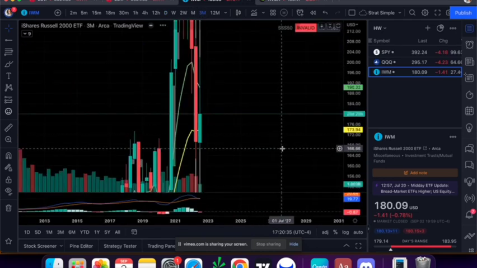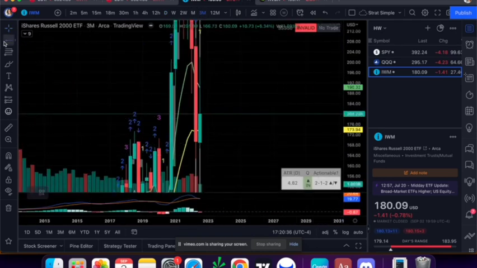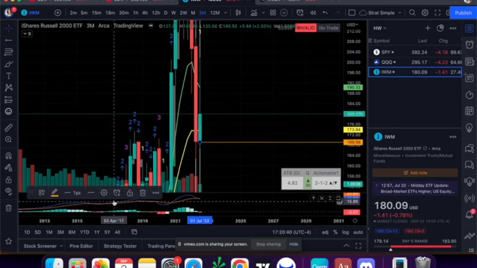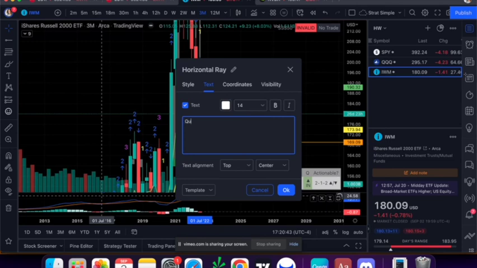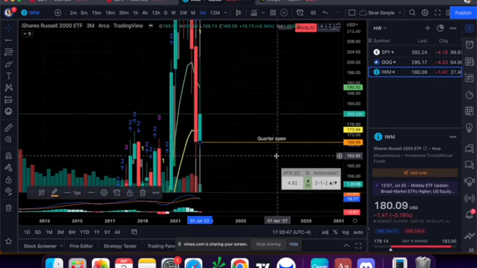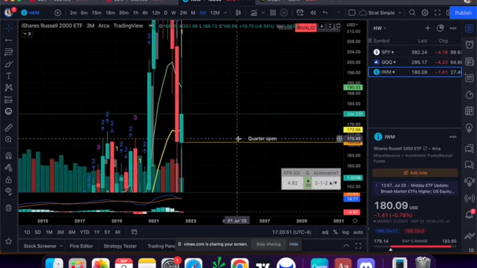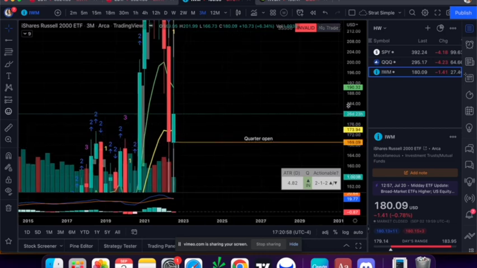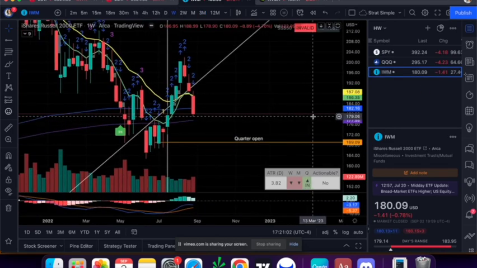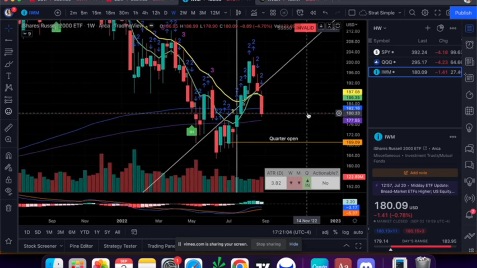Quarter open for IWM is 169. So we would be looking for these quarter opens, to at some point trigger us into full time frame continuity this month if we continue being red. A lot of that would probably depend on what happens with Powell.